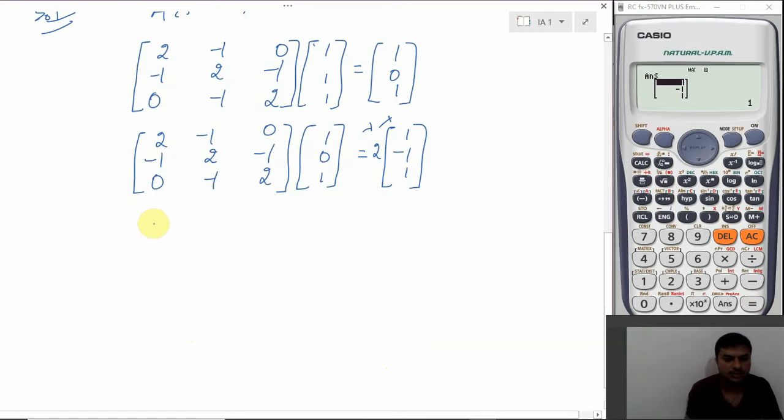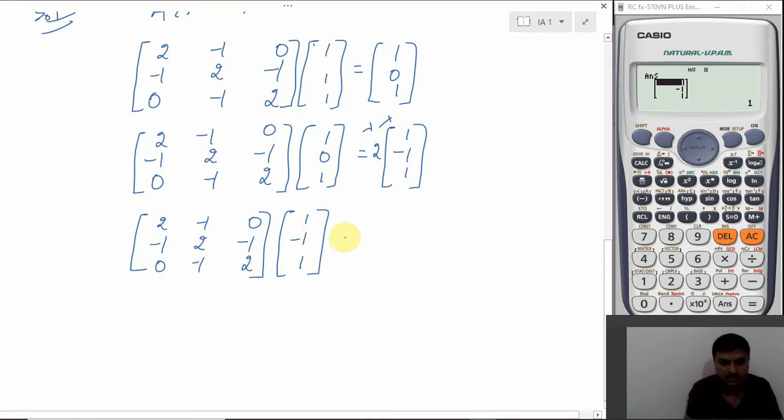Matrix A is fixed: 2, -1, 0, -1, 2, -1, 0, -1, 2. Every time I have to take this and the vector 1, -1, 1. The previous value I'm going to take as the x value. Now you can press AC.